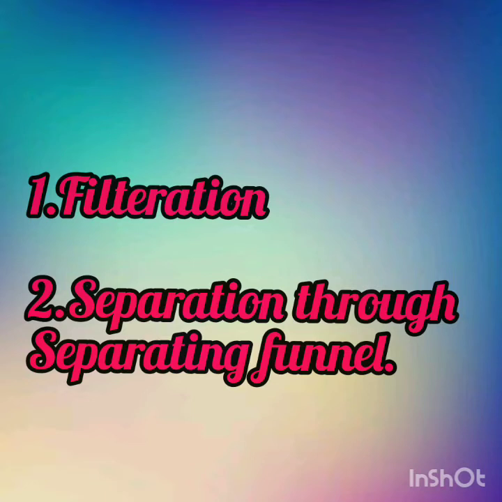The mixture of sand, water and mustard oil is first of all filtered. In this process, sand will be left on the filter paper as a residue and we will get the mixture of water and mustard oil as a filtrate. Now this mixture of water and mustard oil is put in a separating funnel where water forms a lower layer and mustard oil forms an upper layer. Let us understand their separation through the upcoming video.